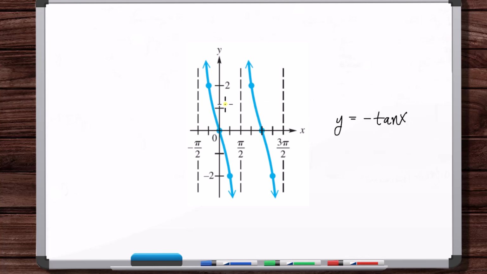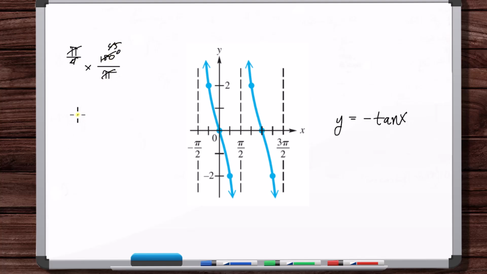Now, we're not done yet because we need to check the vertical scaling. So it gives us a point here. We can see at minus pi over 4, the function is equal to 2. Now pi over 4 in degrees: we've got pi radians for every 180 degrees, so 180 divided by 4 is 45.